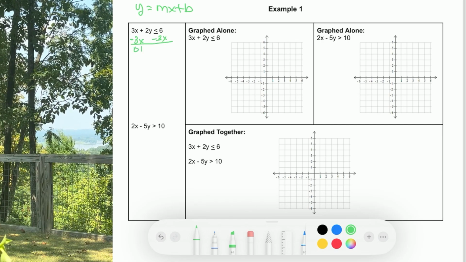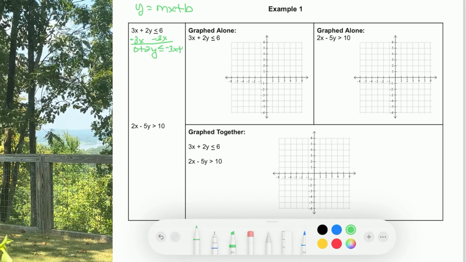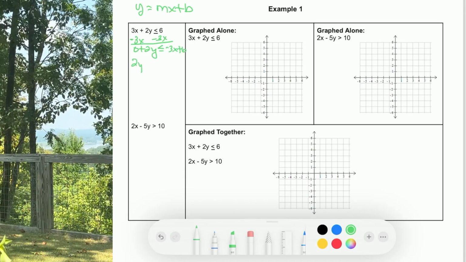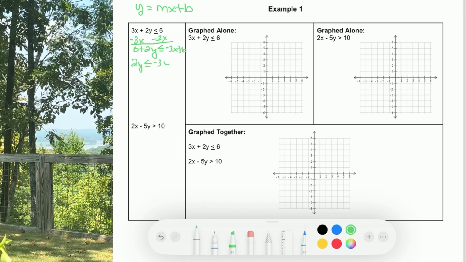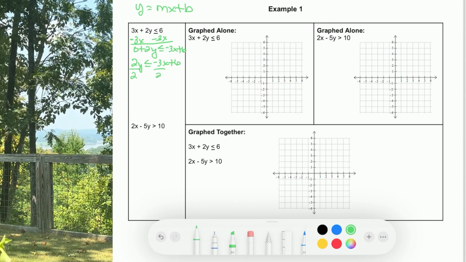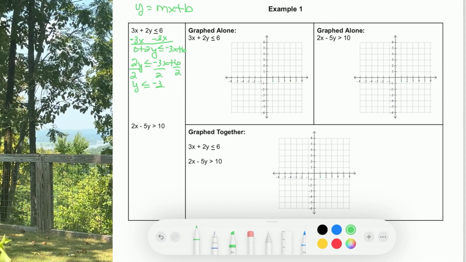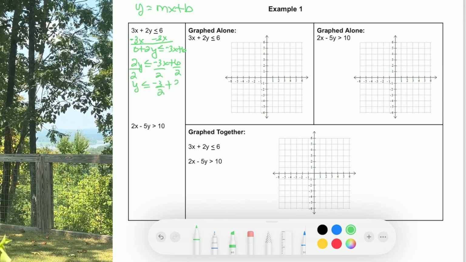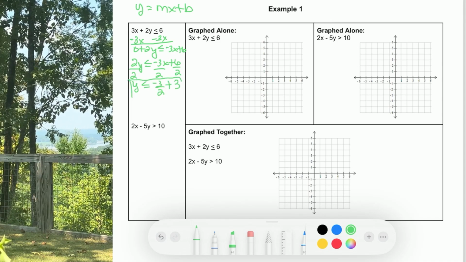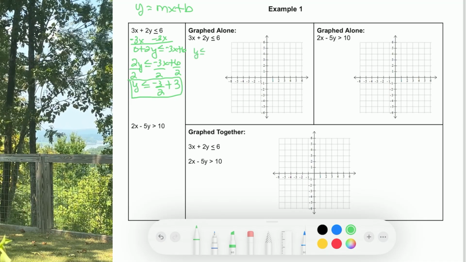I get 0 plus 2y is less than or equal to negative 3x plus 6. Rewrite this part. I'm going to divide everything by 2. I get y is less than or equal to negative 3 halves x plus 3. So that's going to be my equation that I graph right here.